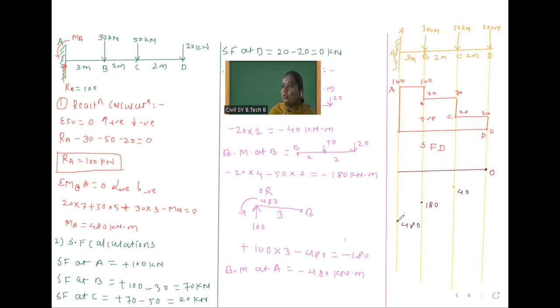Okay. So now all connections are linear lines because only point loads are applied here.